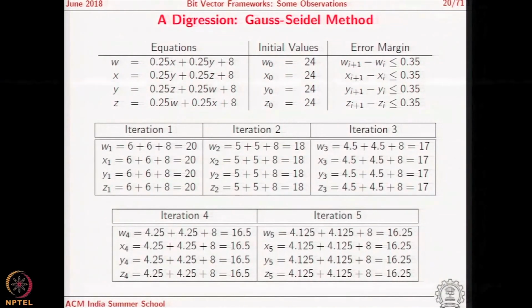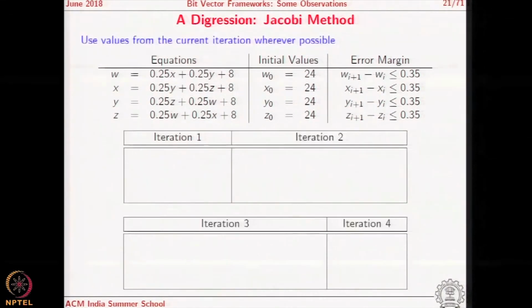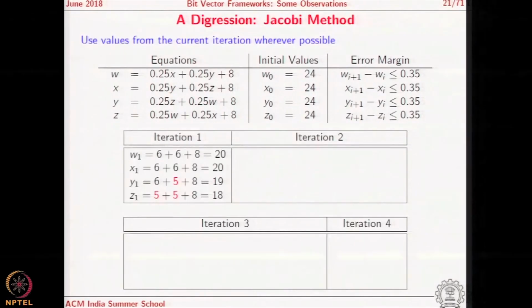So, one idea is to compute all values by using values in the previous iteration versus compute all values by using values in the same iteration wherever possible. As you would expect, this should be a more efficient method, right. So, we compute this. We use 5 which was computed, we use 20 which was computed here.